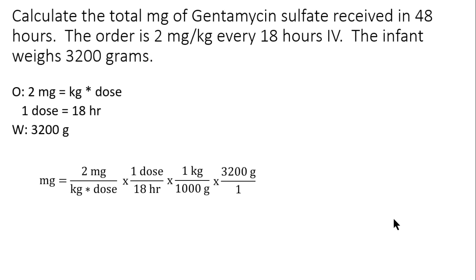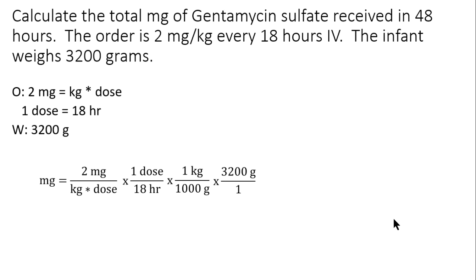Then multiply times the weight, which is 3,200 grams. Note, whenever you have a number that is not a ratio, not a fraction, we use a 1 as a placeholder. It depends on which way you want to write your fraction. For example, here we want the grams on the top, so we write a 1 in the bottom as a placeholder. If you needed your number to be on the bottom, then you would put a 1 as a placeholder on top.